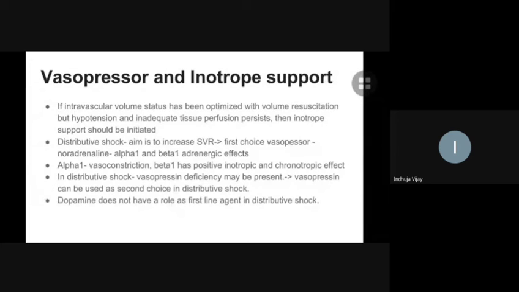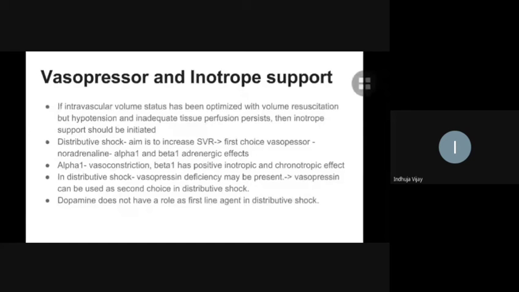Next, coming to inotropes and vasopressors. If intravascular volume status has been optimized with volume resuscitation, but hypotension and inadequate tissue perfusion persist, then inotrope support should be initiated. For distributive shock, there is a decreased systemic vascular resistance, so our aim will be to increase it.